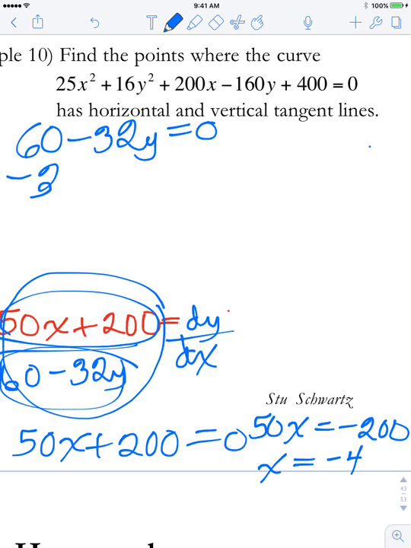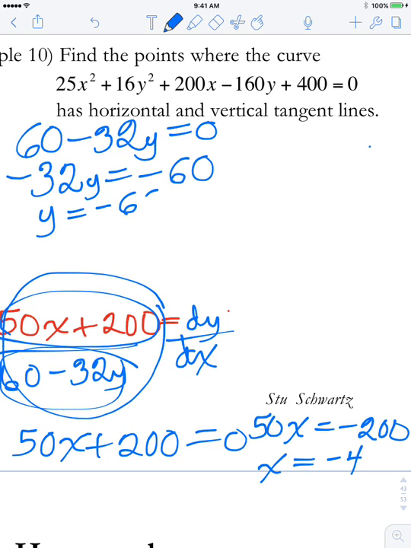So negative 32y equals negative 60. y equals negative 60 over negative 32. And let's see, what can we divide by? Can we divide by 4? I think we can. First of all, the negatives cancel out. And I'm left with 15 over 8.